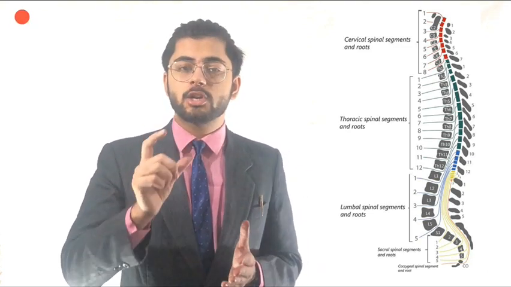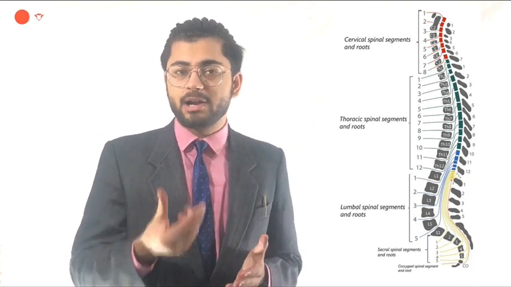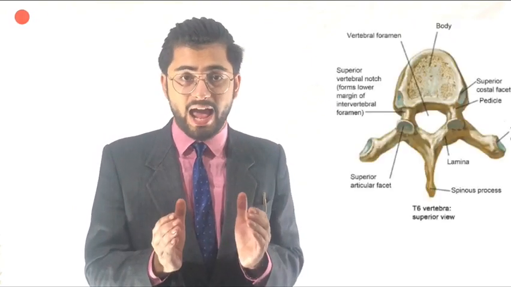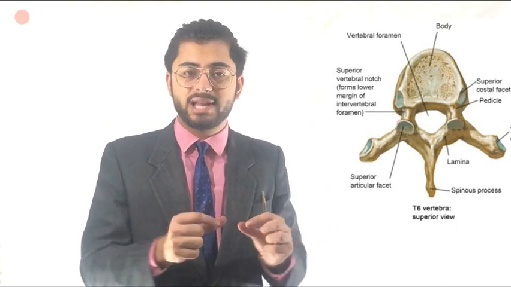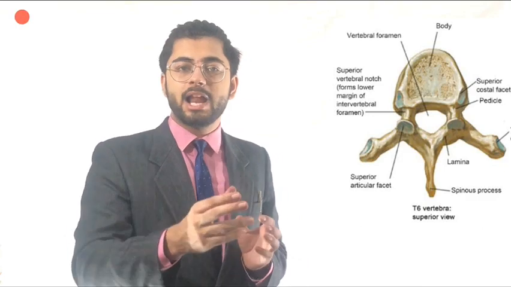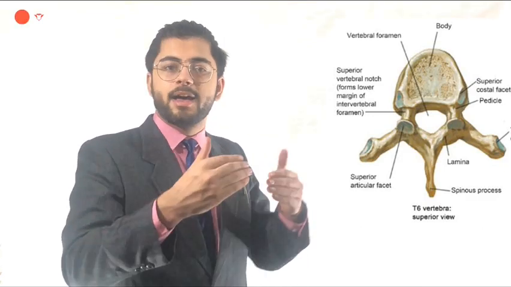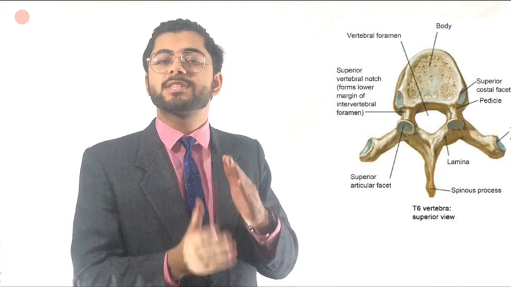Talking about the basic structure of the thoracic spine: like every other part of the body, we have vertebrae. In the thoracic spine as well, we have the front vertebral body and the back spinous processes. In between the two we have the neural arch, formed by the front pedicles and the back laminae. The vertebral body along with the pedicles and laminae go back and form the spinous processes.